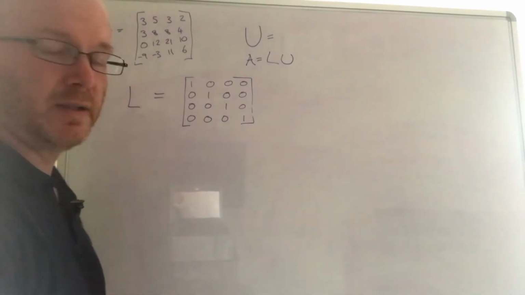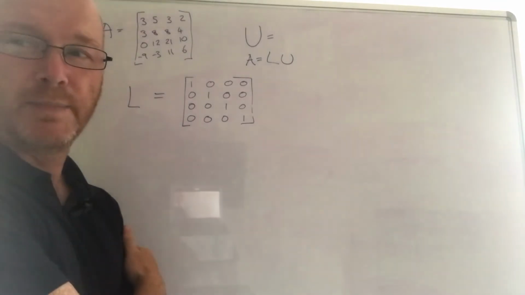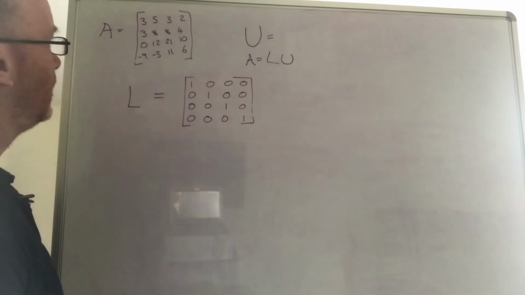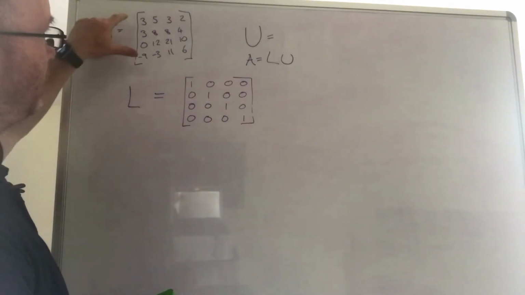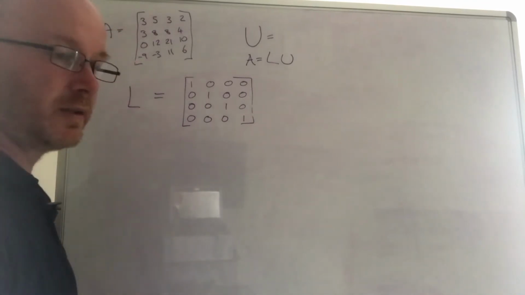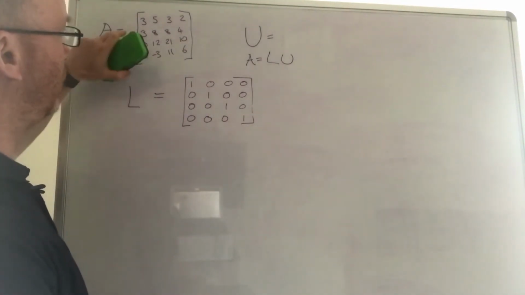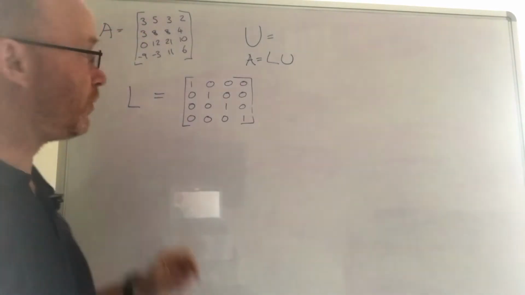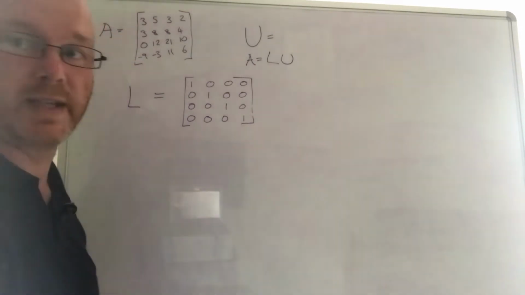So we're going to use this matrix as a basis to manipulate the matrix that we've got for matrix A and to basically do Gaussian elimination. Very exciting. If we look at the matrix itself, we can see that the first row has a 3 in it, and the second row has a 3 in it. So we can take the negative of the first row and add it to the second row, and that will eliminate the 3 in the second row.